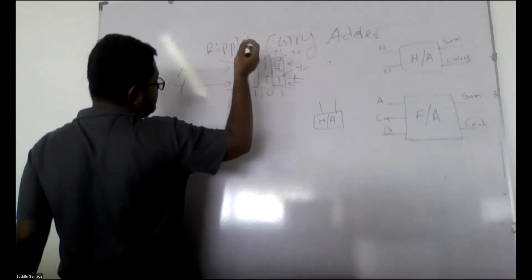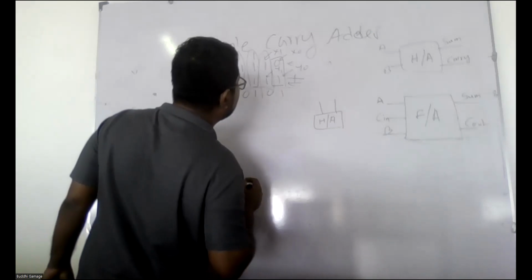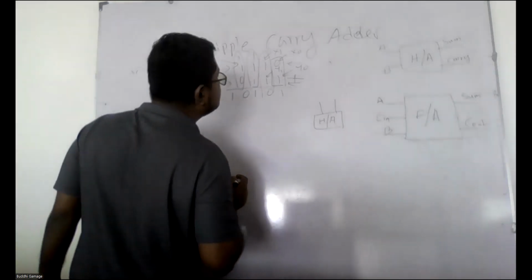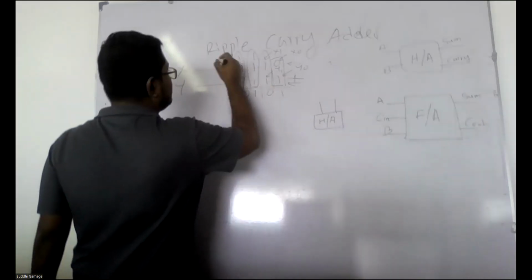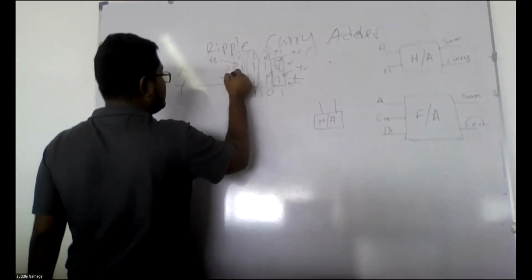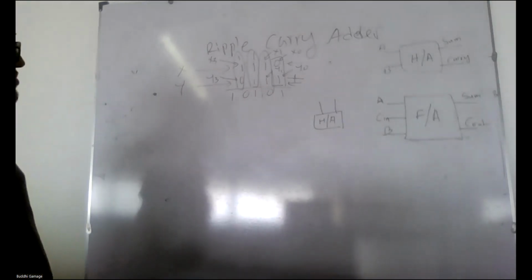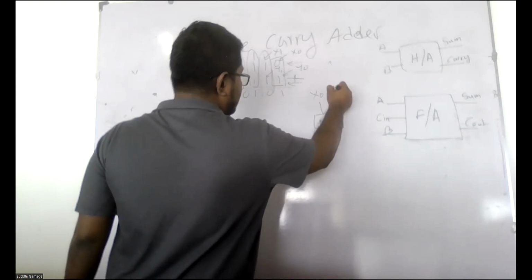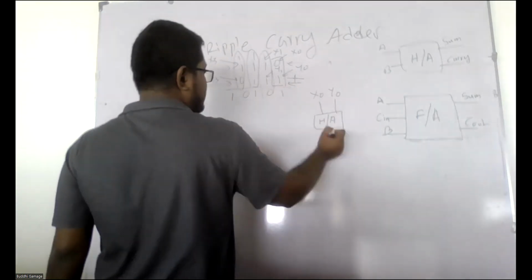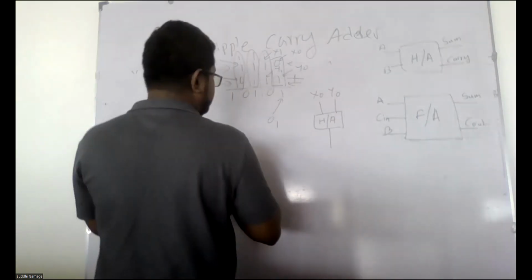This is 1, 2, 3. X3, Y3, right? So X0 and Y0. This is our first output, 1.